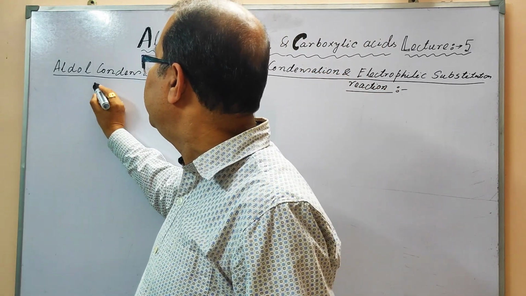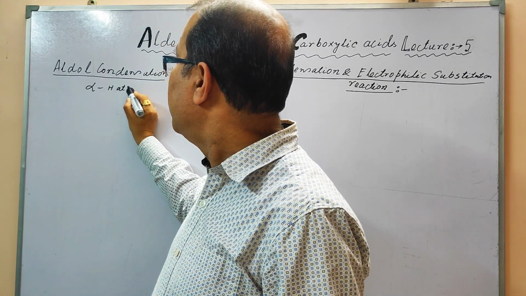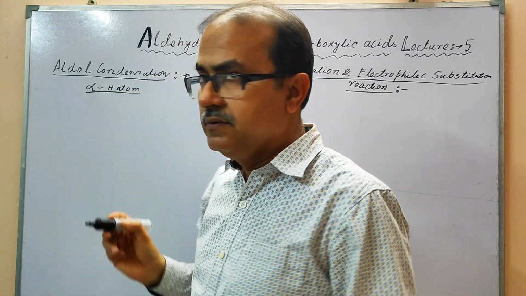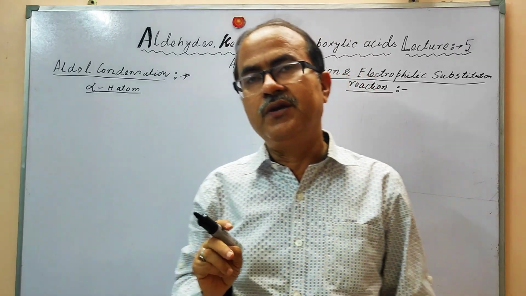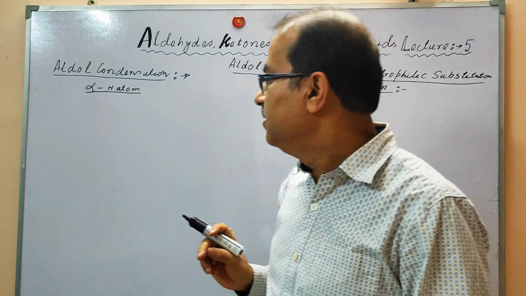That is the main thing that we have to understand. The presence of the alpha hydrogen atom in aldehydes and ketones is what allows them to carry out this aldol condensation.